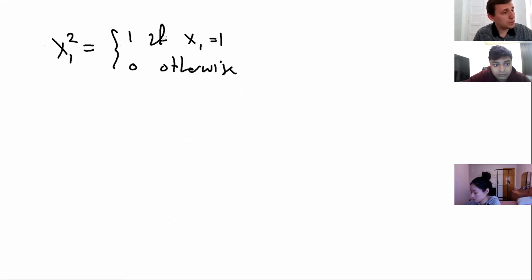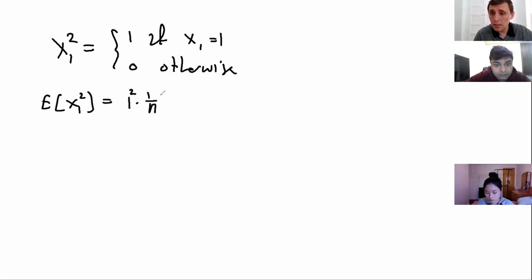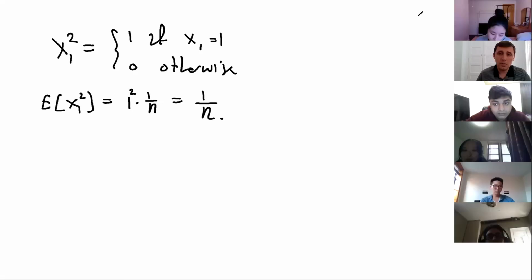So what's the probability that it equals 1? The expected value of x1 squared is 1 squared, multiplied by 1 over n. And therefore the answer is 1 over n. It's exactly the same as the expected value of x1. Yes?